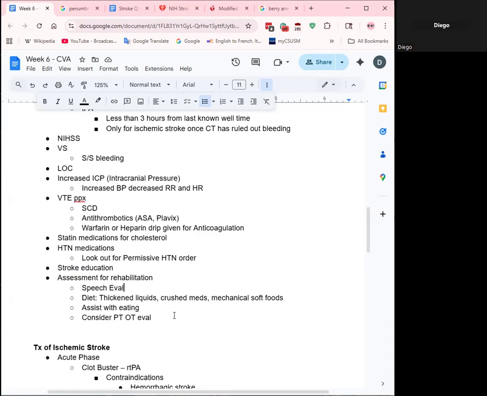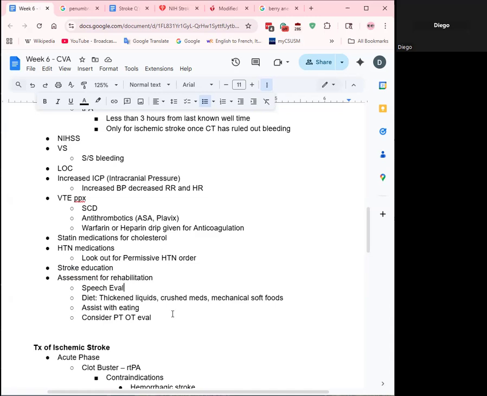This is the point where, if they're having trouble eating, you might want to be the one to actually feed them if you somehow find the time, in case the patient starts choking or aspirating because of the difficulty with swallowing.